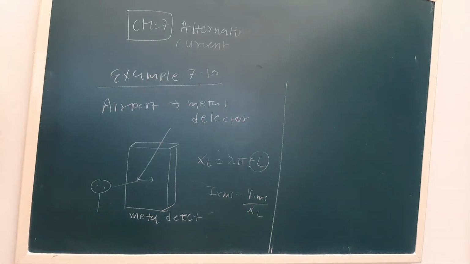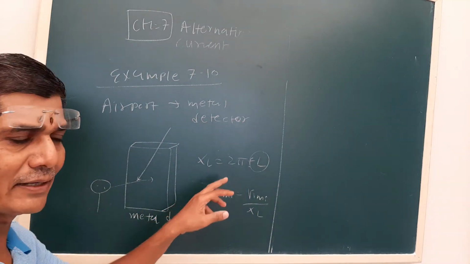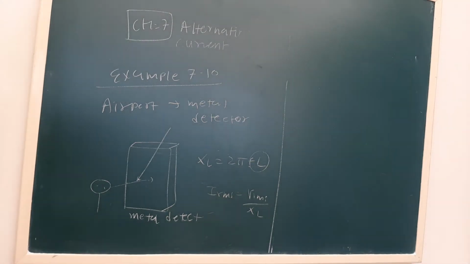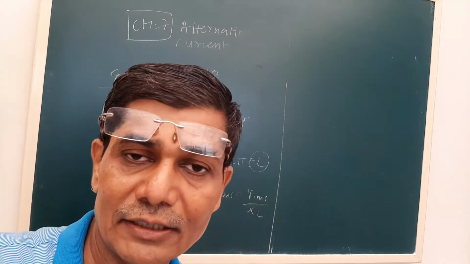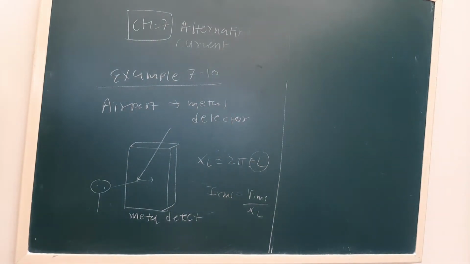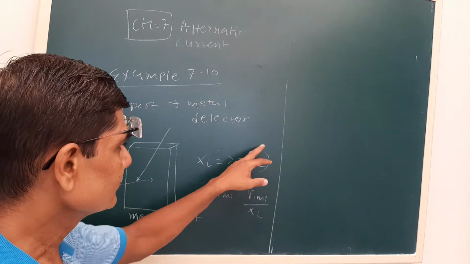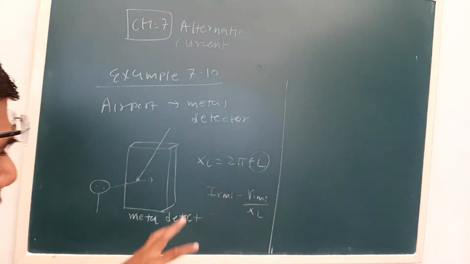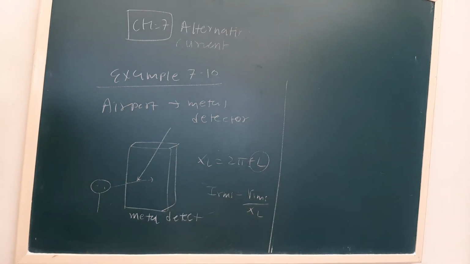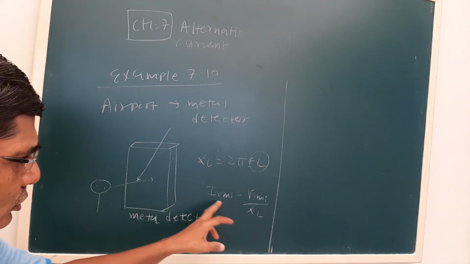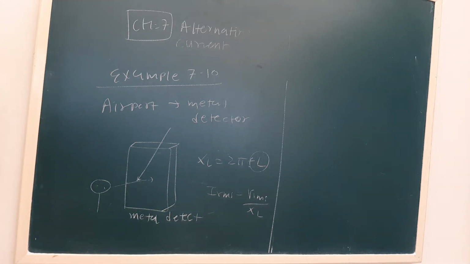So due to the metallic material, the inductance changes, that is, the inductive reactance changes, because of the change in the inductance of the circuit; there is an electronic circuit. You can check: this inductive reactance will change, and as a consequence, the current will change.